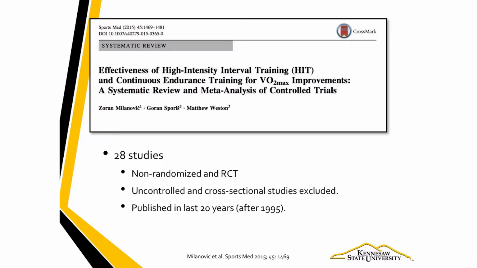In this study, they were looking at 28 studies. Of all the studies that had to do with high-intensity interval training, they were able to select 28 randomized and non-randomized controlled trials, and they looked at the comparison between high-intensity training, moderate continuous training, as well as a control group. So that gives you an idea of what happened here.